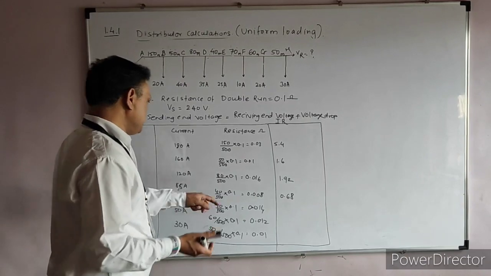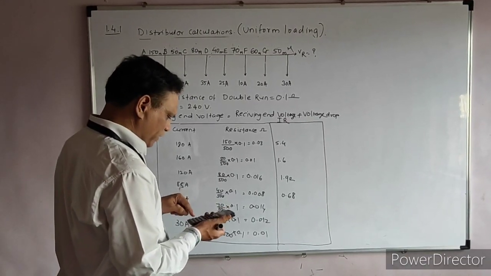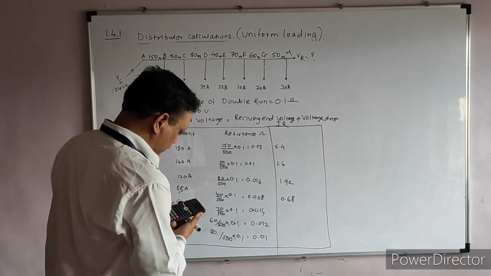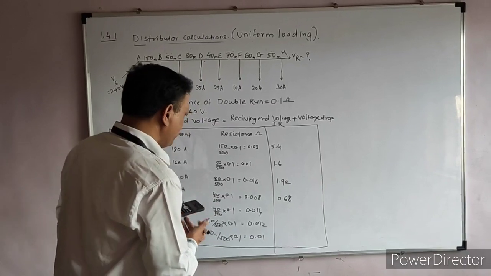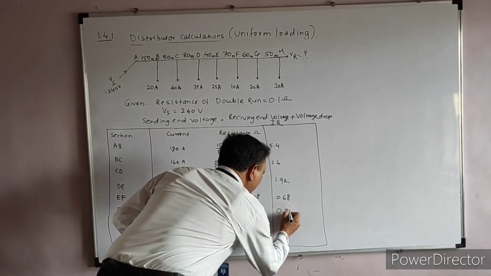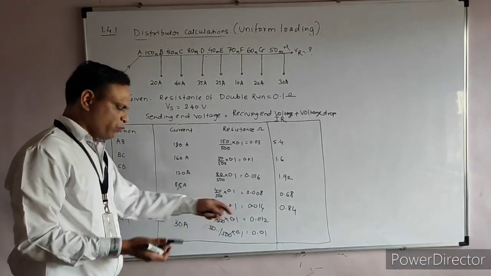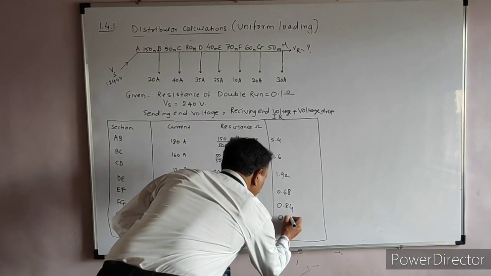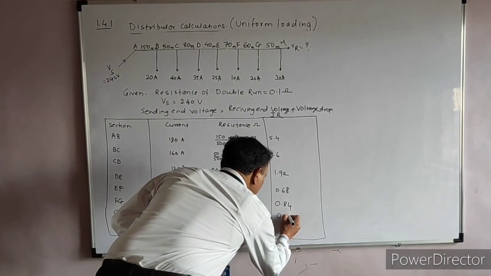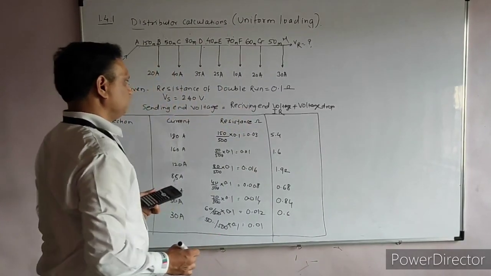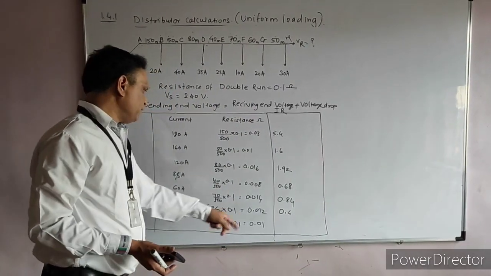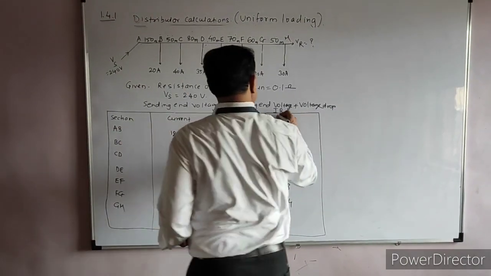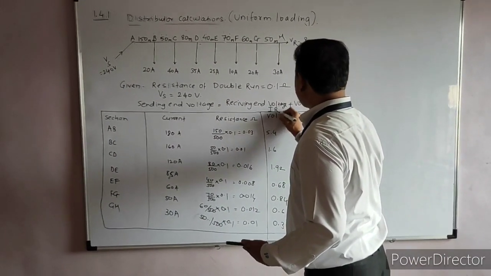Then if you multiply 60 with 0.014, you will get 0.84. If you multiply 50 with 0.012, you will get 0.6. If you multiply 30 with 0.01, you will get 0.3. So this is IR, the voltage drop in volts.